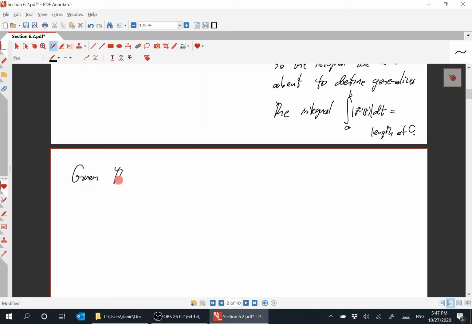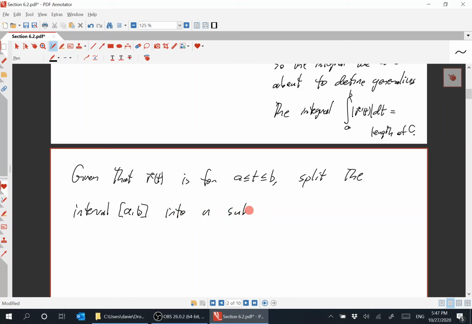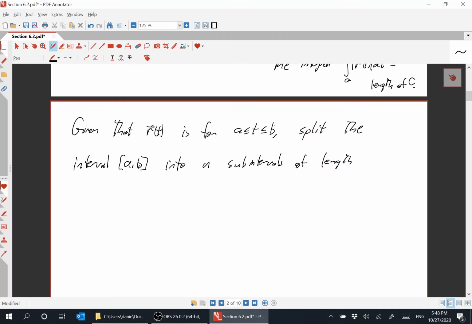So given that r of t is for a less than or equal to t less than or equal to b, split the interval from a to b into subintervals of length delta t equal to b minus a over n, and let t0 equal a, and ti equal a plus i delta t.